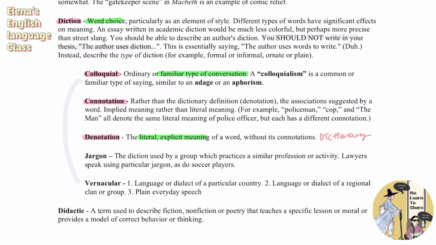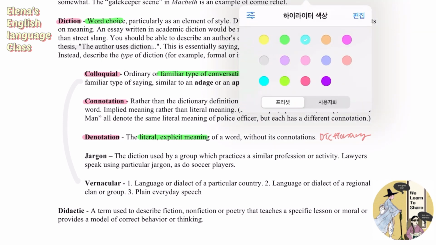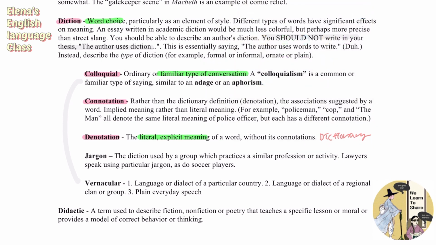But in contrast to that, connotation, rather than the dictionary definition, which is denotation, is the association suggested by a word, so implied meaning rather than literal meaning, okay? So you can remember connotation as something that is not literal, something that is implied and suggested by a word, like the feelings of a word when you think of it.